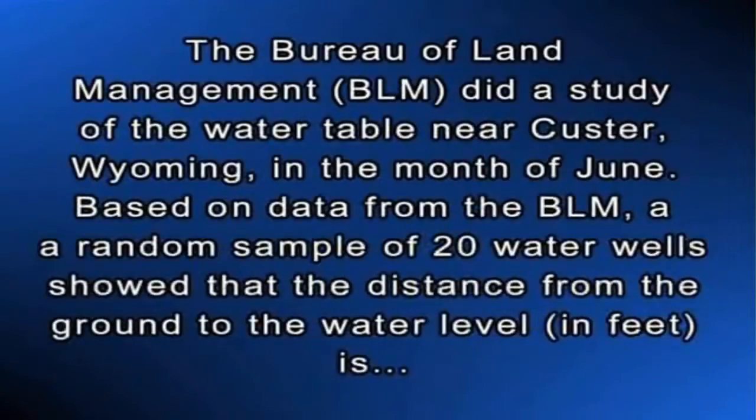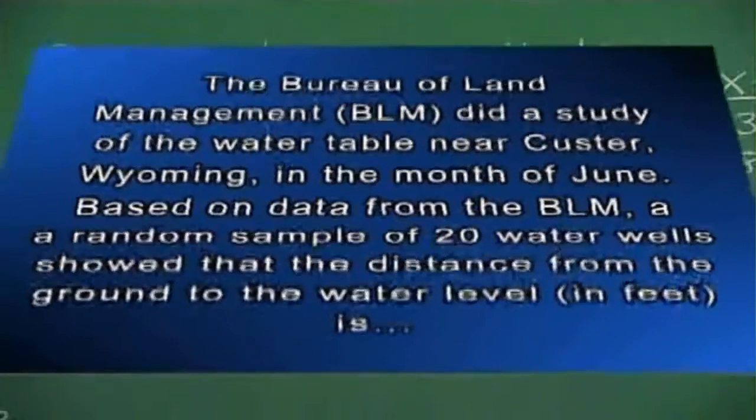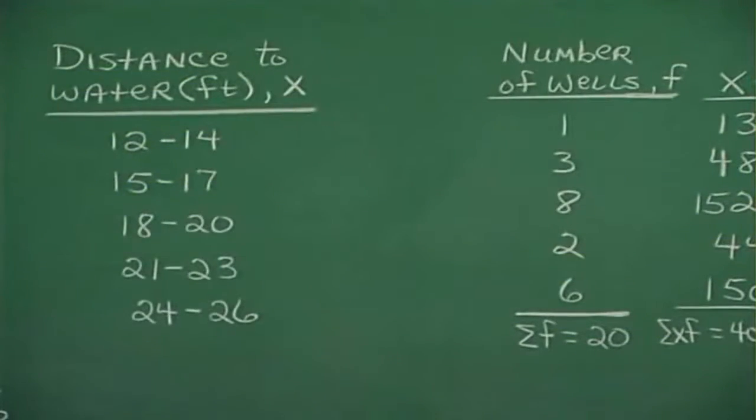The Bureau of Land Management did a study of the water table near Custer, Wyoming in the month of June. Based on data from the BLM, a random sample of 20 water wells showed that the distance from the ground to the water level in feet is given by this chart.